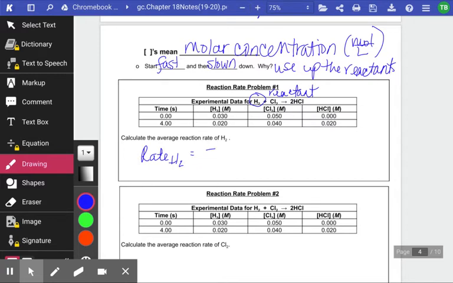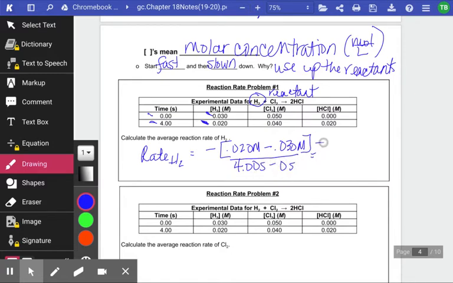For reaction rate, it is your final concentration, so 0.020 molar, minus your initial concentration, 0.030 molar, over your change in time, which is 4 seconds minus 0 seconds. So 4.00 seconds minus 0 seconds.